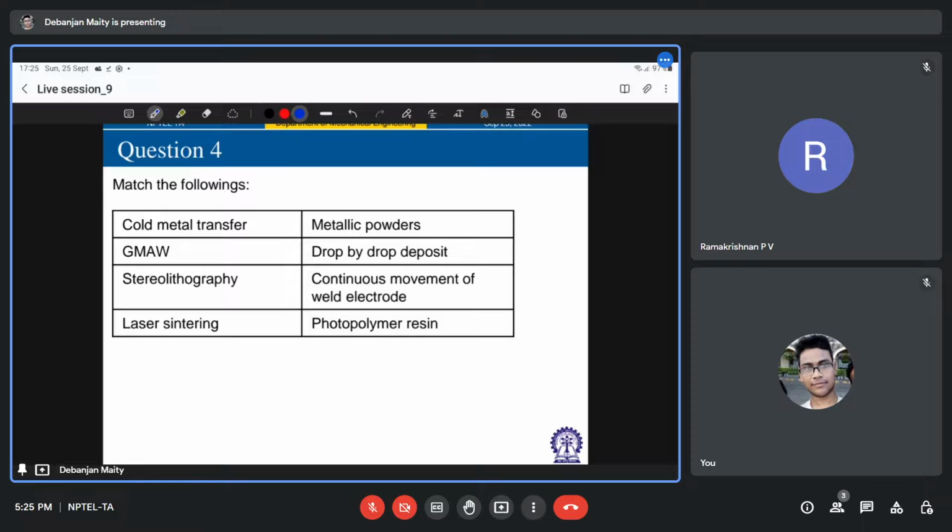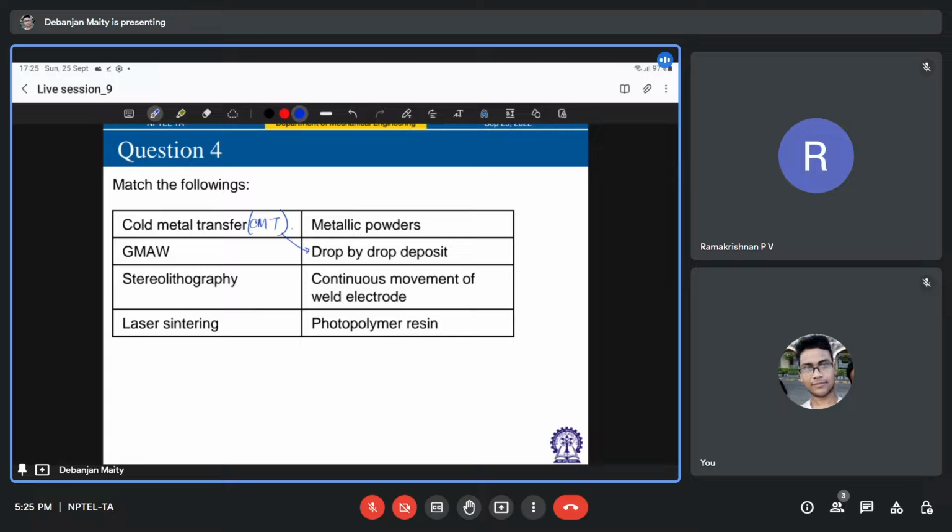it works at reduced welding current, and generally you retract the welding wire at a short circuit condition and ensure a drop by drop deposit of the weld material. So for cold metal transfer, it basically relies on this drop by drop deposit of weld material. But in gas metal arc welding, the wire is continuously moving forward into the weld pool.